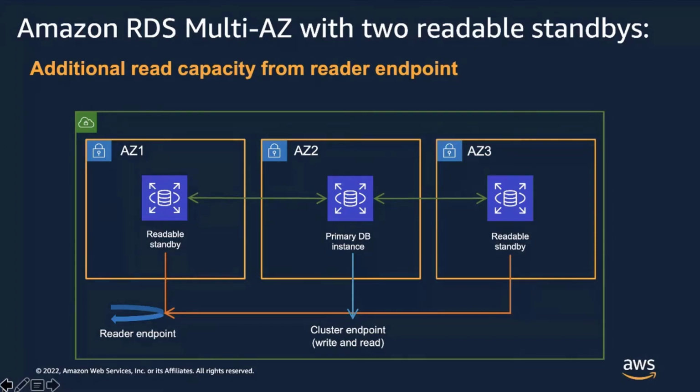When the primary fails, one of the readable standby instances will be promoted as the new primary, and they will still be connected to the same cluster endpoints. So the applications that are reading from the reader endpoint or which are connected to the writer endpoint will continue to be served by one of the instances that we keep moving around as they fail or fail over.